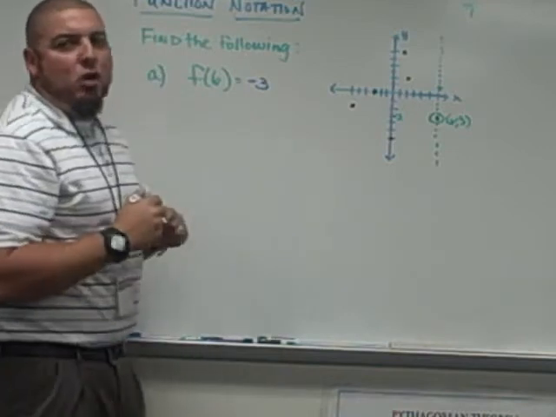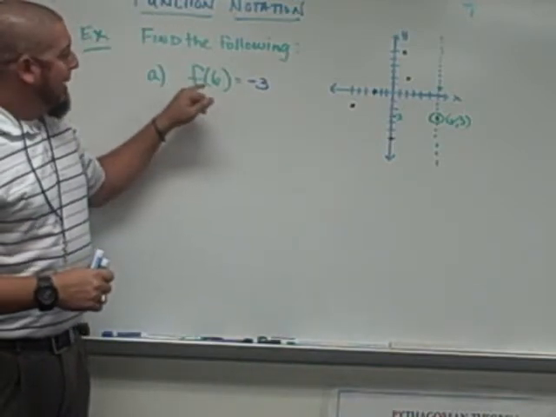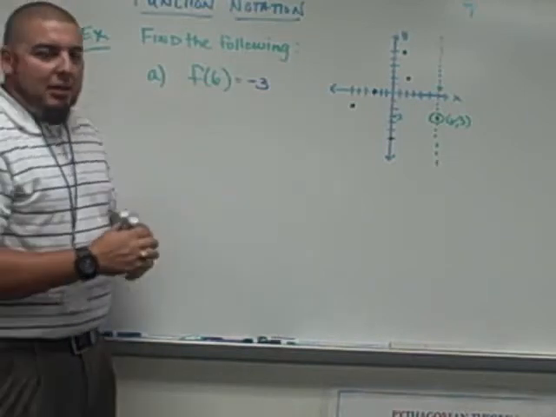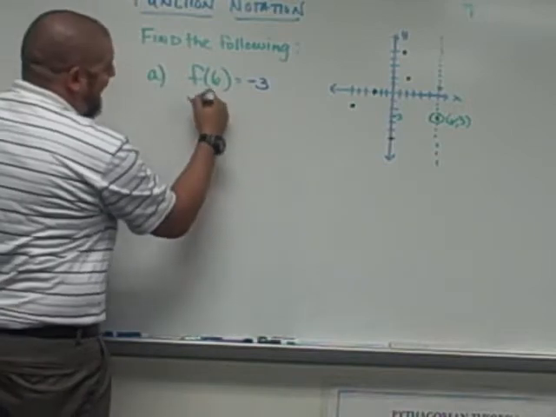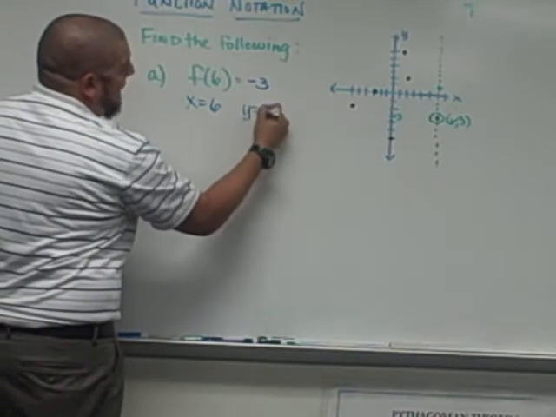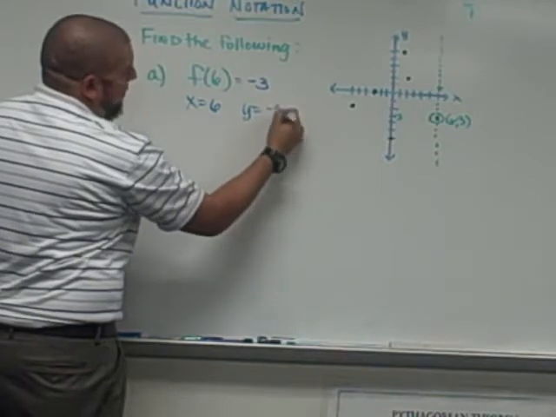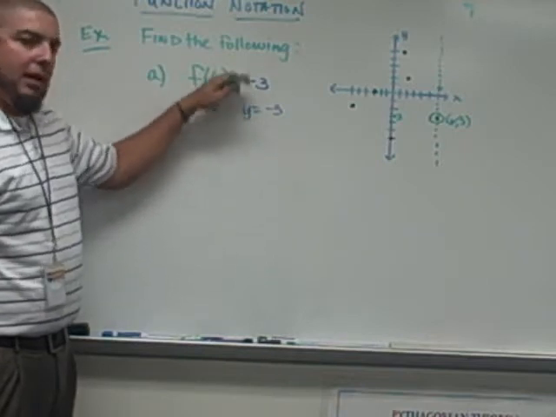Remember, we control the independent, and the dependent is based on something. In this case, my dependent is based on the 6. So you could also restate this as: when x equals 6 on this function, y equals negative 3. Same thing.